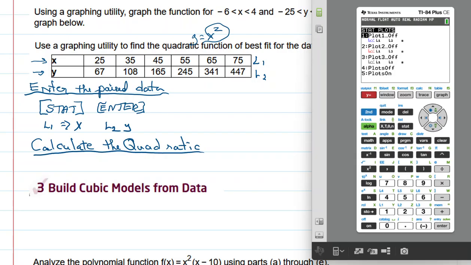We're going to hit on, and then we're done. So now what we're going to do is zoom, and that's, what did we just enter the data in? Stack, zoom stack. What's that one? Number 9.